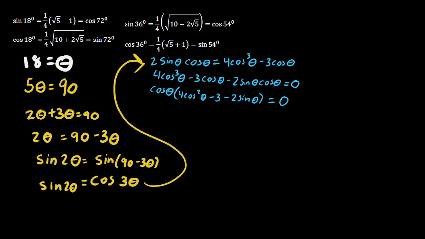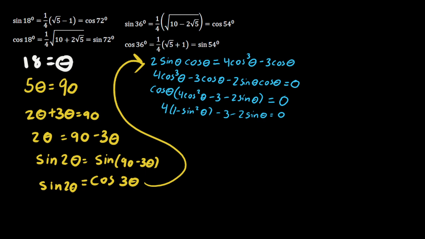And we can just move cos to the denominator over there, and that'll still equal 0. So we can write 4 times 1 minus sine squared theta minus 3 minus 2 sine theta equals 0.